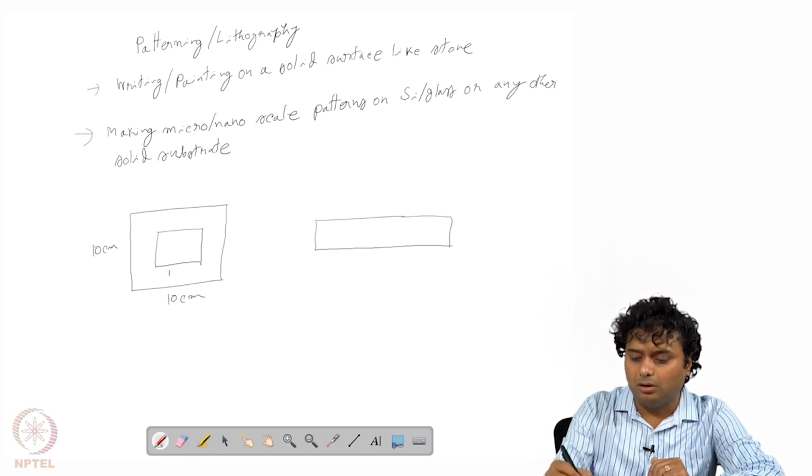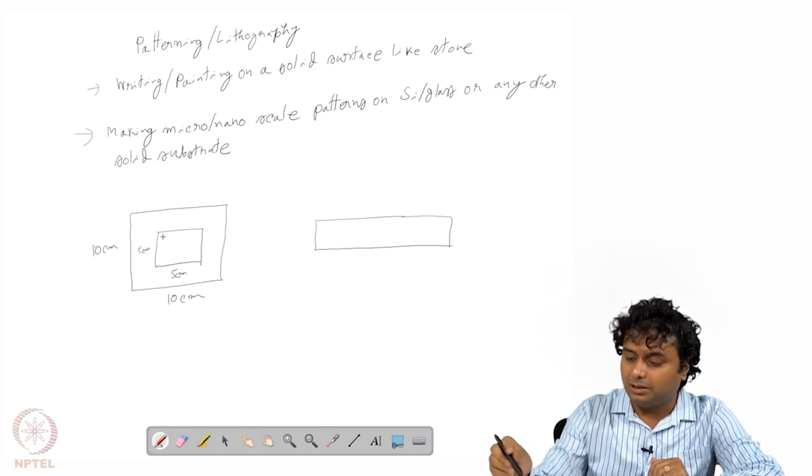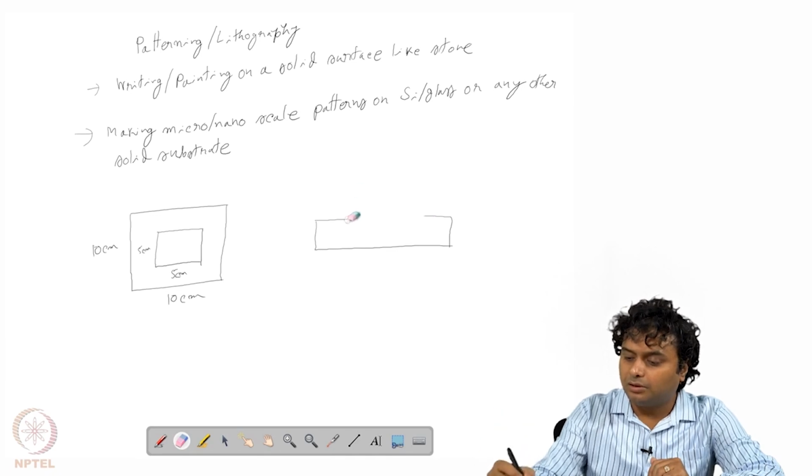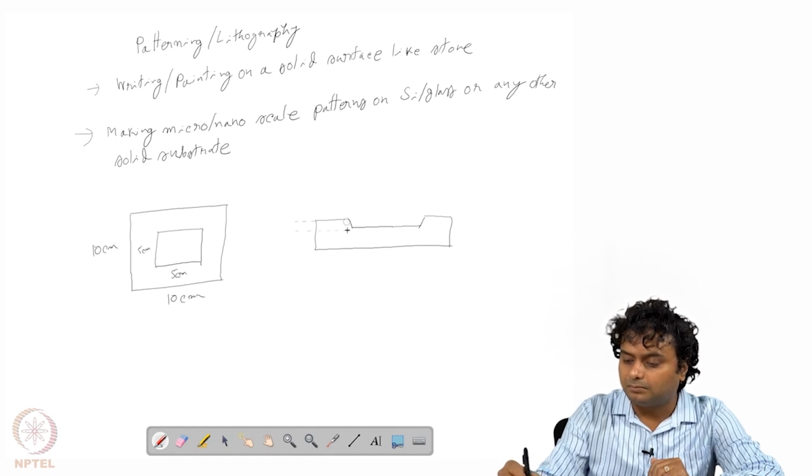So this is a square hole and each of the sides is 5 centimeter, and in the cross-sectional view it is something like that, and this is about 1 centimeter.